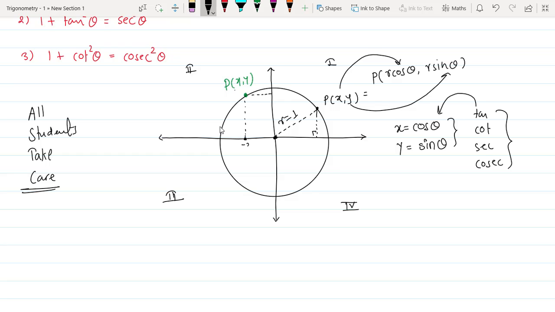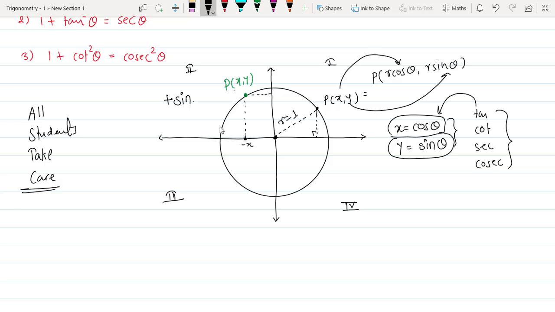Somewhere here we'll have minus x. So the x part becomes negative and the y part becomes positive. Means the cos is negative in this and sine is positive. Positive sine remains here.